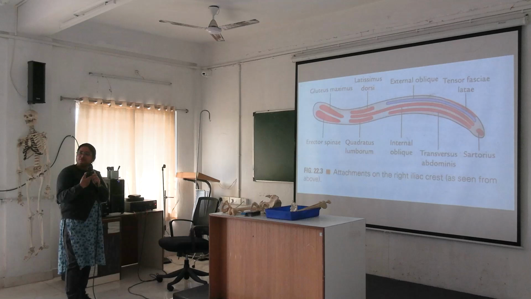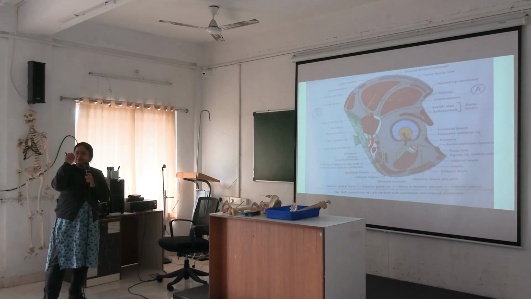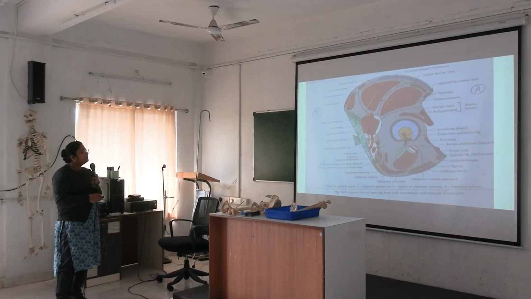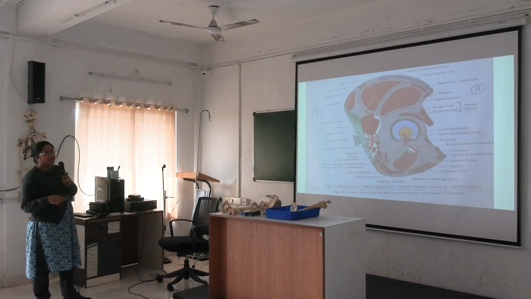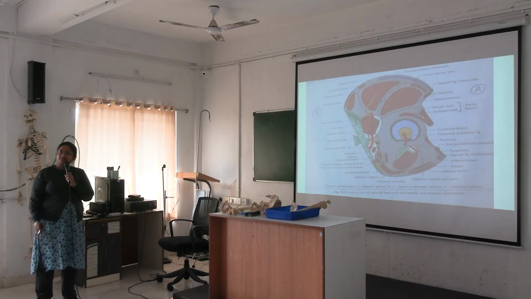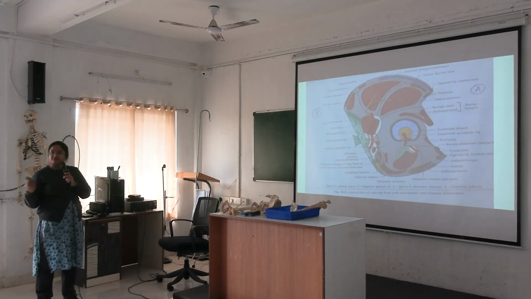This is the iliac crest, we have already discussed. And you can see here the attachment of the piriformis muscle. Some part originates from the sacrum, some part from the ilium, and it comes out through the greater sciatic foramen. Above the piriformis, as you have read in the gluteal region, the superior gluteal vessel and superior gluteal nerve pass.